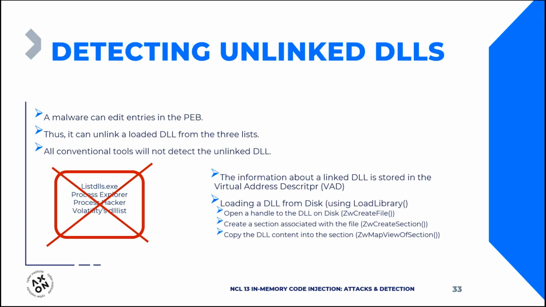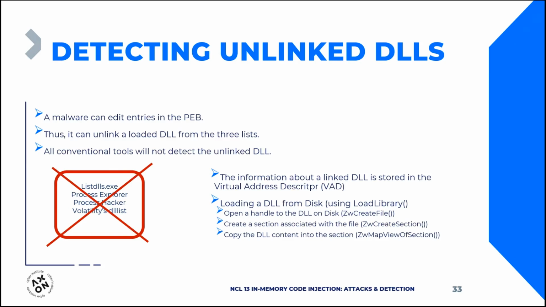However, I told you that I can enumerate loaded DLLs by checking the process environment block, okay? And this is how the dlllist command in Volatility works. It checks the PEB. However, the PEB, the process environment block, is editable.